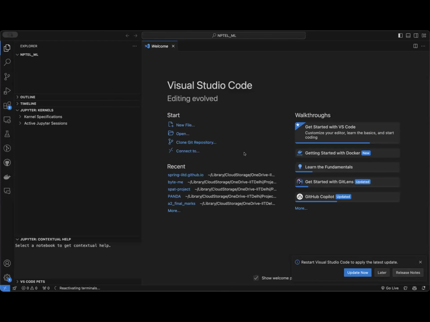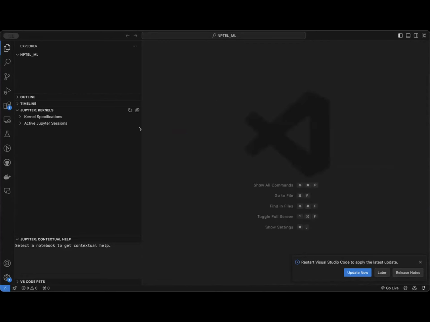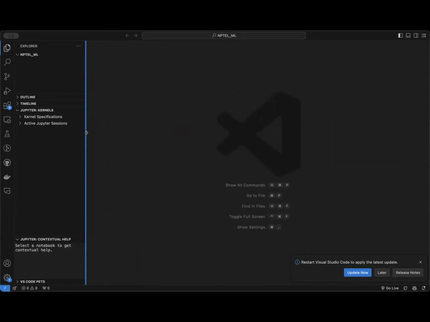So I think the other screen is visible now. How is the recording going? Yeah, okay, perfect. We'll create a new file here.